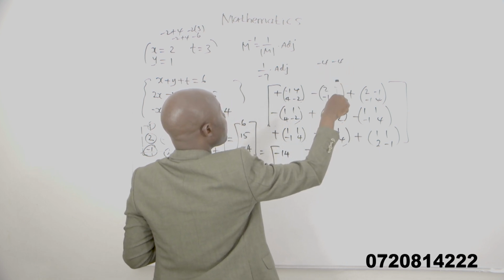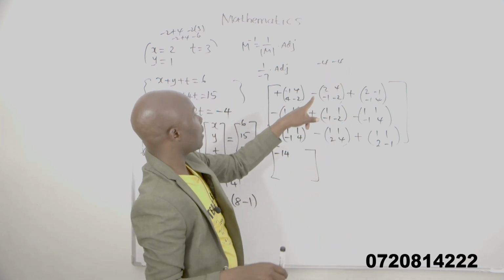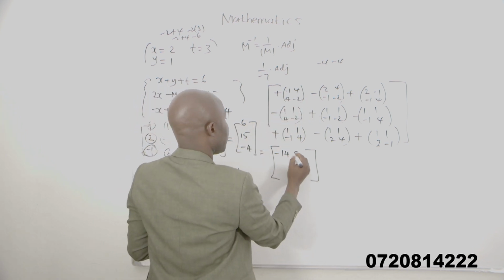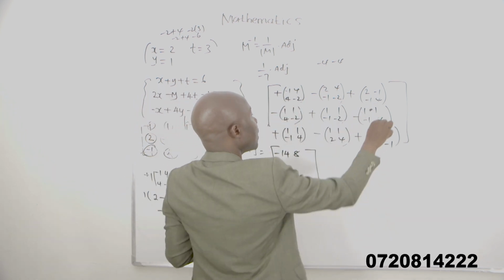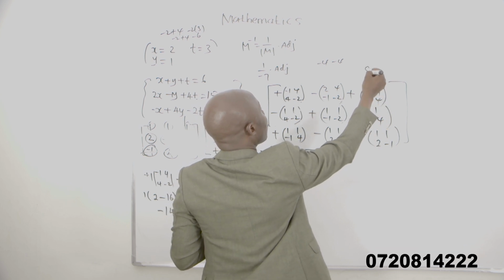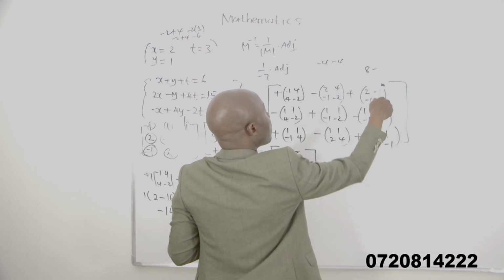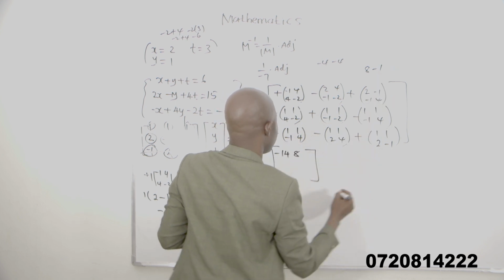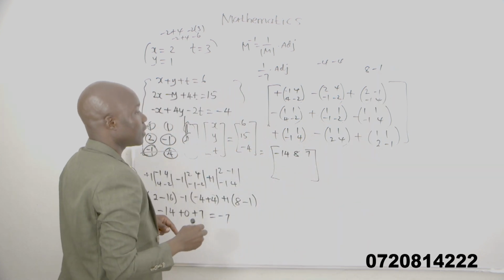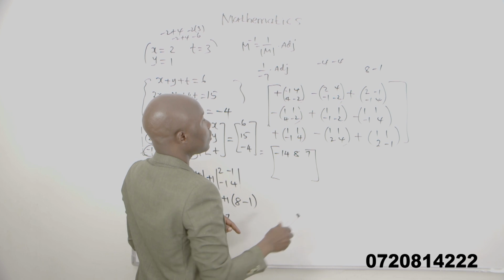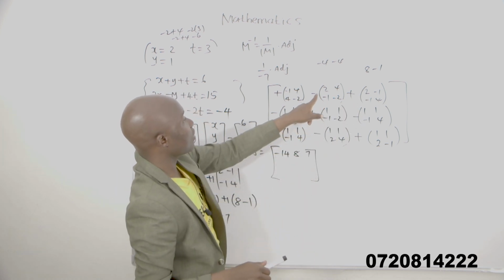Remember, minus 4 is minus 8, but there's a minus here, so it is a plus 8. Then coming here is 8 minus the product of the two. Negative, negative is positive, so which is 7. And remember, it is supposed to be a plus.